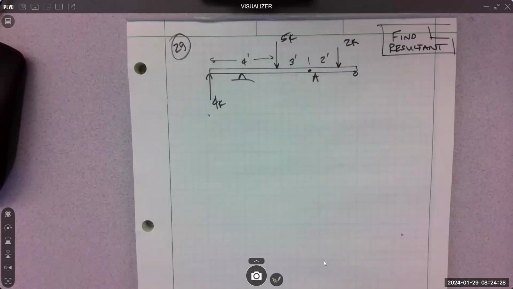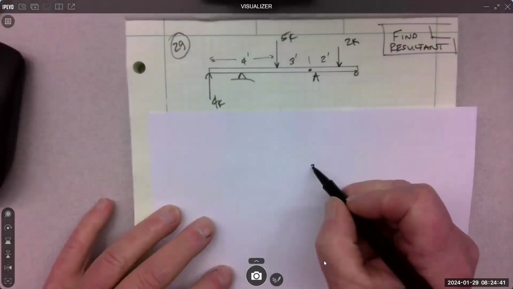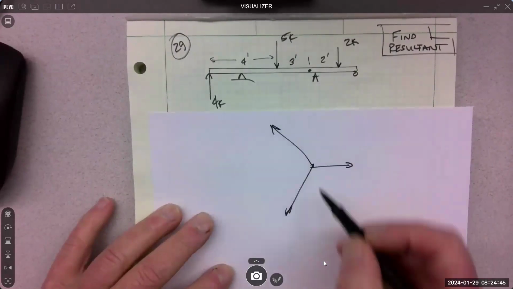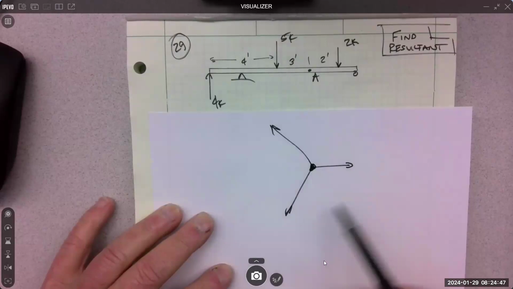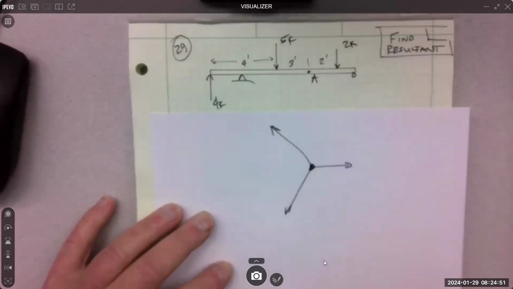All right, so this problem says find the resultant. Let's remind ourselves of what the resultant is. The 2 force systems that we're working with, the 2 different kinds, are this kind. Remember what these are called? Yep, concurrent.